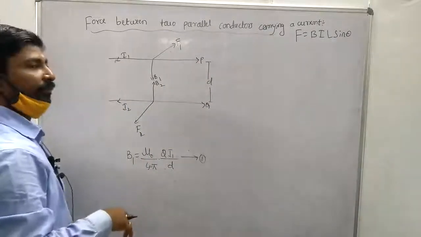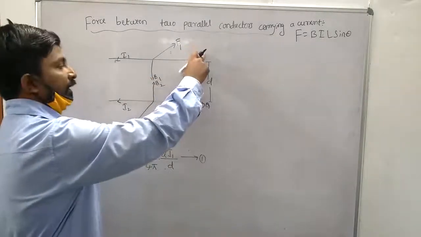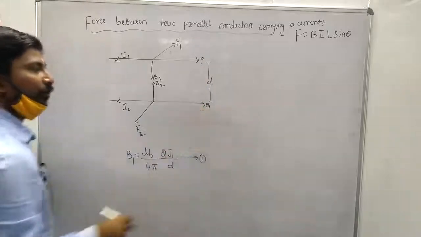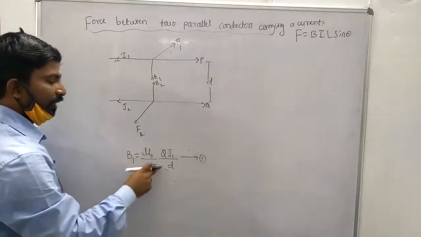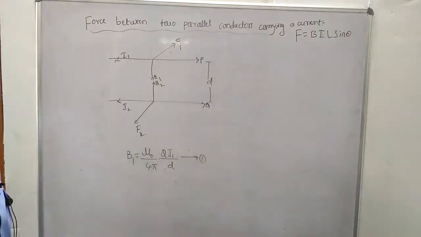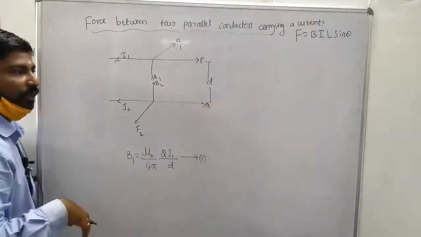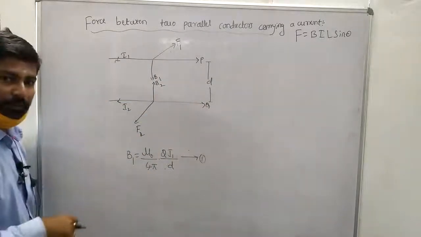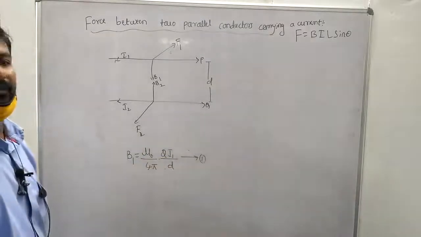Now the magnetic field B1 due to the conductor P at the site of the second conductor Q is given by, we can write B1 is equal to μ0/4π into 2I1/d. So this is equation number 1.